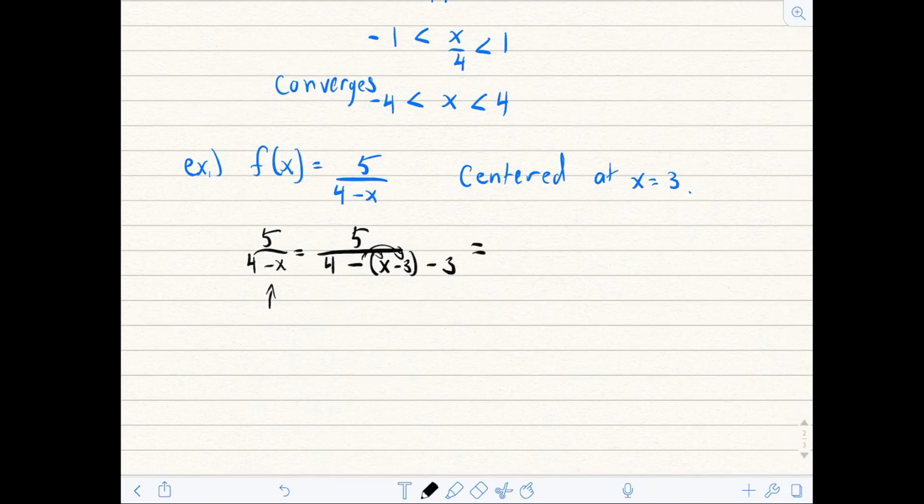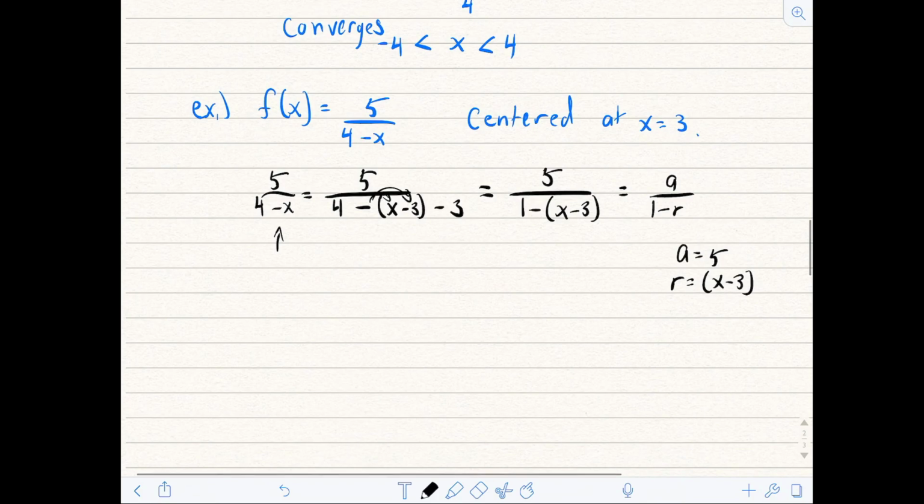Okay, so moving on from here, I'm going to write this as 5 over 1 minus parentheses x minus 3. And then basically I still get that whole form a over 1 minus r. So a is going to be equal to 5, r is going to be equal to x minus 3.